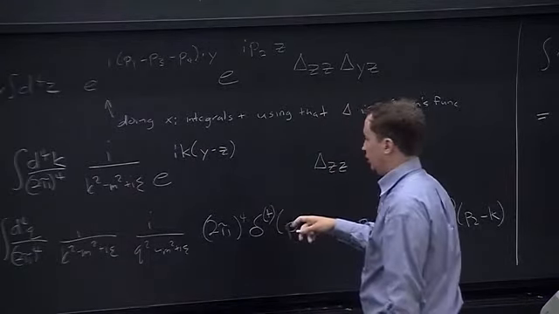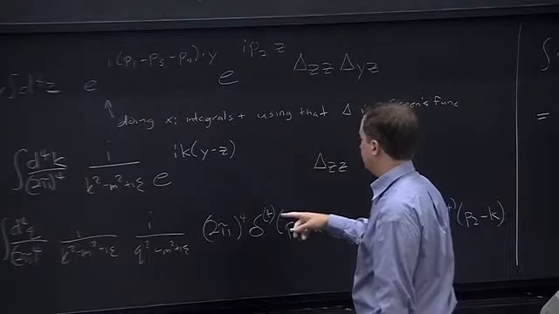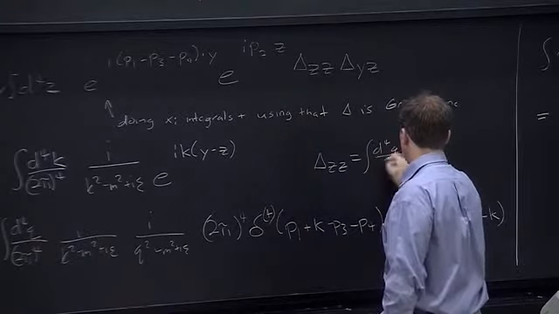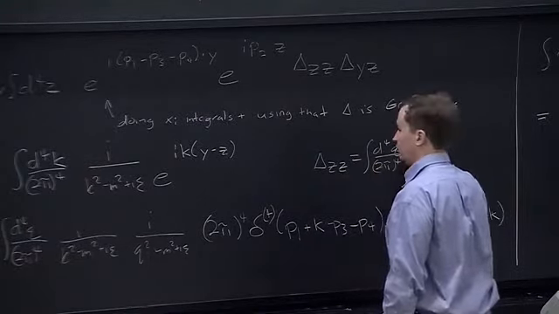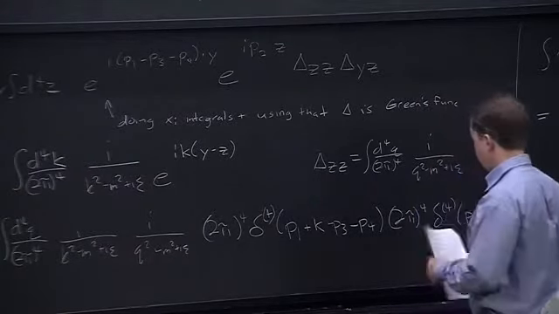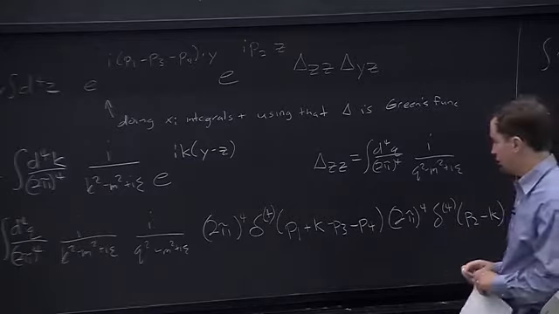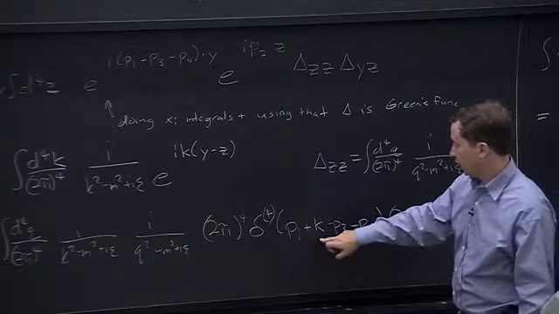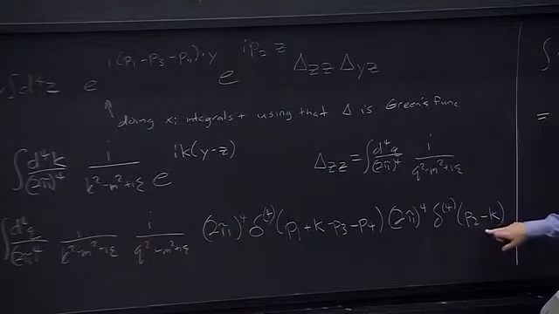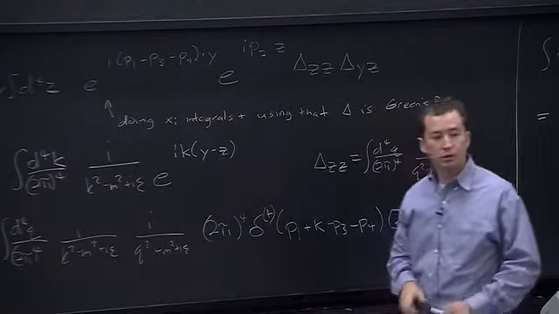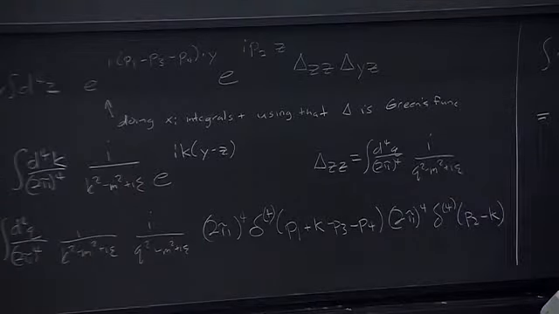So delta zz is just going to be the integral d^4q over (2 pi)^4 of i over q squared minus m squared plus i epsilon. So what part is contributed by delta yz that is not contributed by delta zz? The reason that this k is in these delta functions is because there's a k y and a k z.